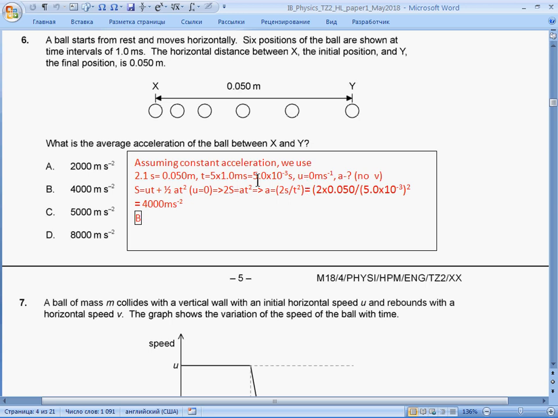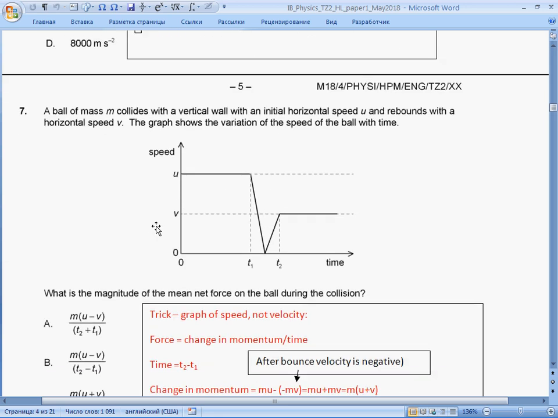Each is 1, so the total is 5 milliseconds. u equals 0, a is the question mark, no v. So the no-v formula is this formula. It simplifies dramatically when u equals 0, and solving it for a, we get answer B.